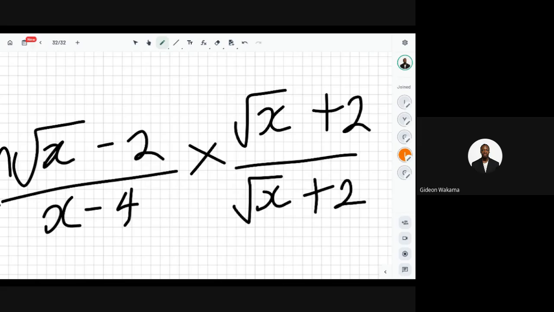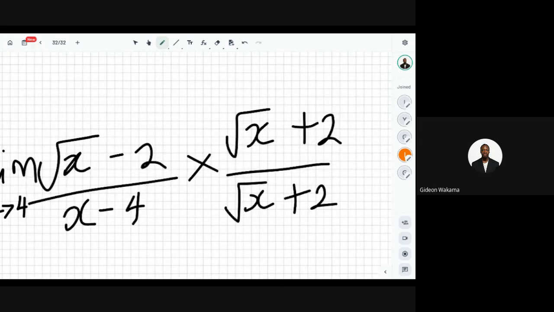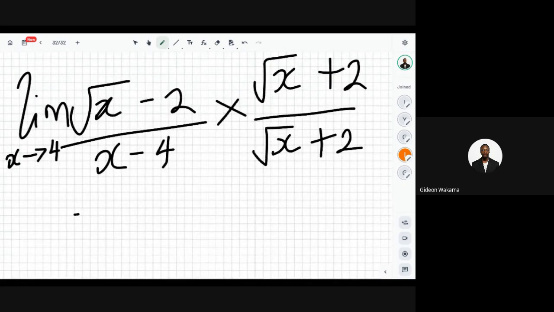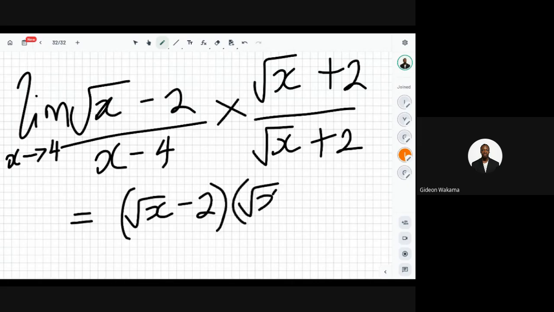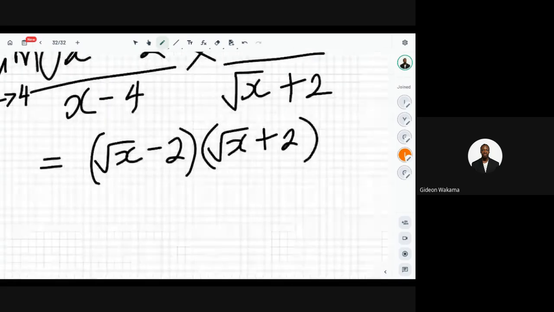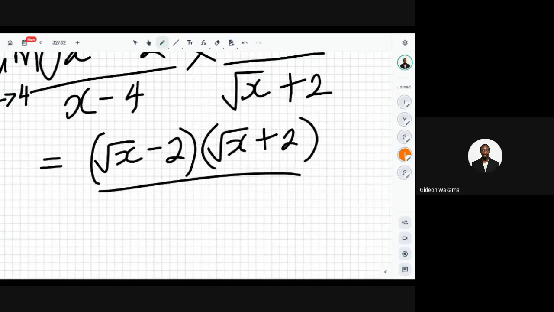That's what you do. That's how you rationalize. Both the numerator and the denominator, you multiply by the conjugate. And then you open up. So this means root x minus 2 times root x plus 2, and that's already a difference of two squares for the numerator.